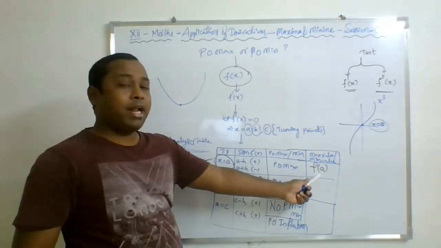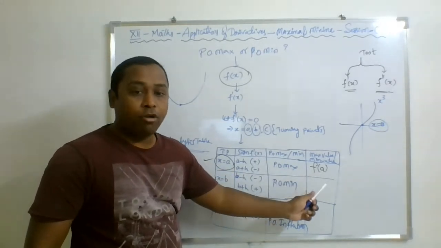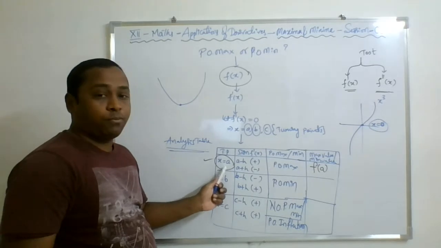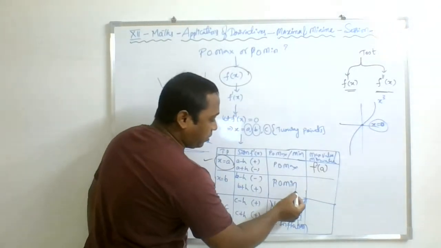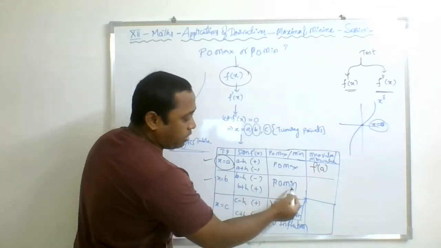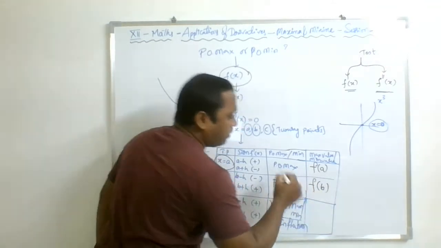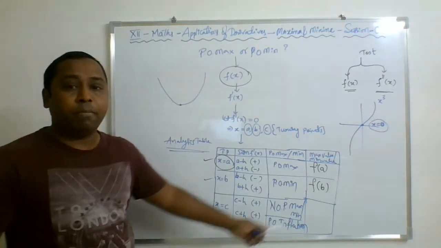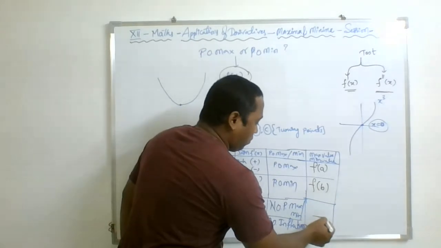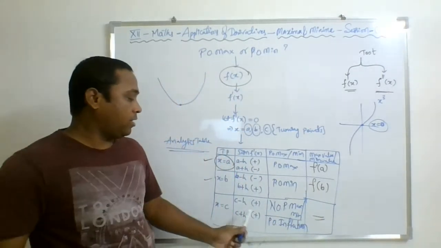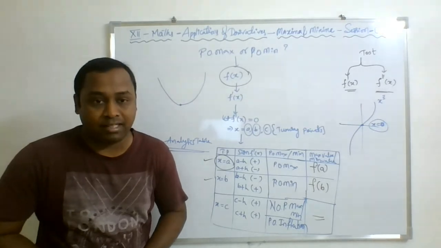That f of a will give the maximum value of the function. Similarly, to get the minimum value, since it is a point of minima, we will put that value in the function to get the minimum value. And we cannot find anything over here because it is neither a point of minima nor a point of maxima.